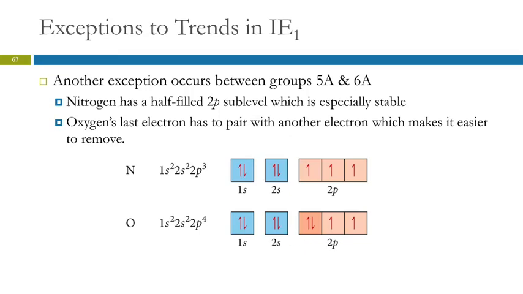The other thing we see is what we saw with the irregular transition metals, where nitrogen has this nice symmetrical half-full subshell. When oxygen loses this 1 electron, it also has a half-full subshell. So we see this glitch between group 5A and group 6A.